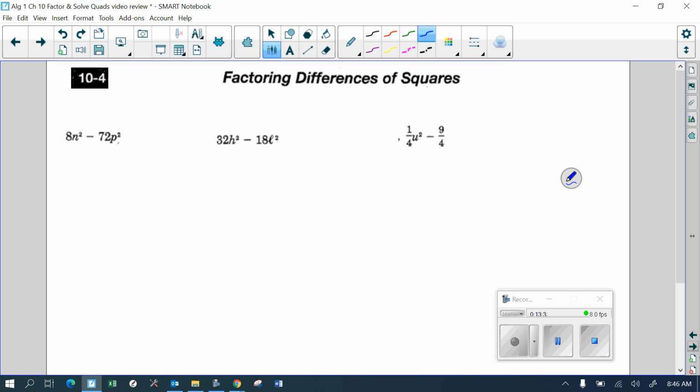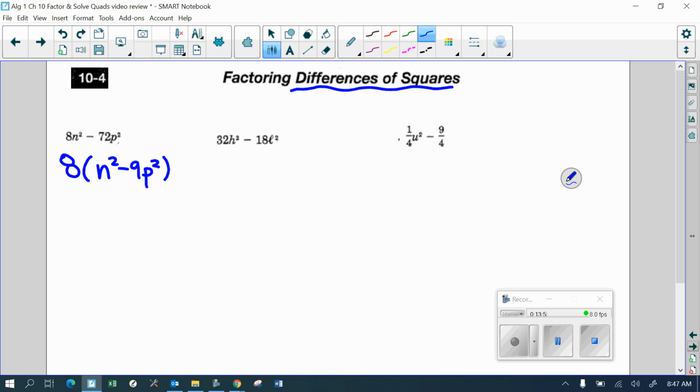Factoring difference of squares. Remember I wrote about difference of squares a couple lessons ago. First thing again in factoring is factor out the GCF. So I take out the 8 and I'm left with n squared minus 9p squared. Now remember the second step in factoring is to factor what's left inside parentheses if possible.